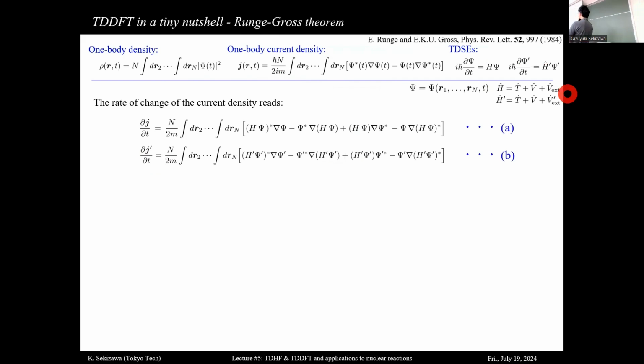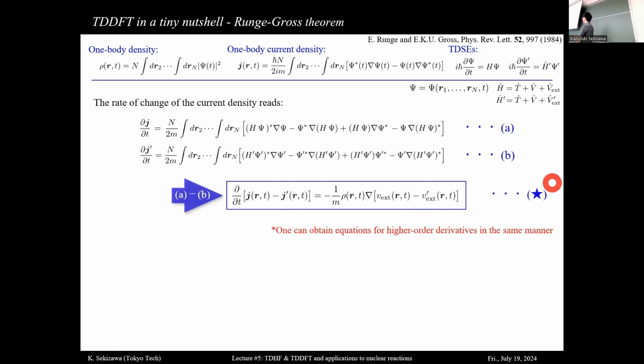So we take a time derivative of the current densities and use the TDSE to get this equation. The first one describes J. The other one is J prime. Those are associated with different H and H prime. Namely, the difference is the external potentials, V and V prime.